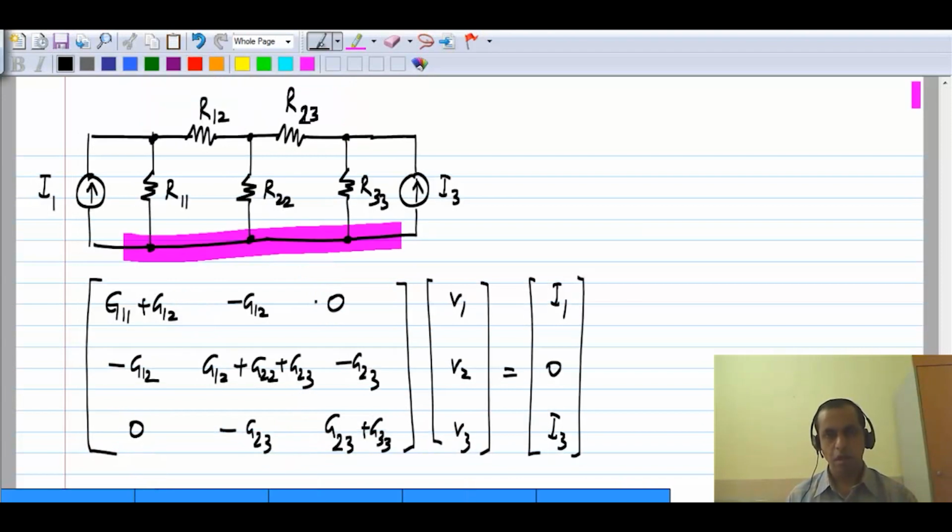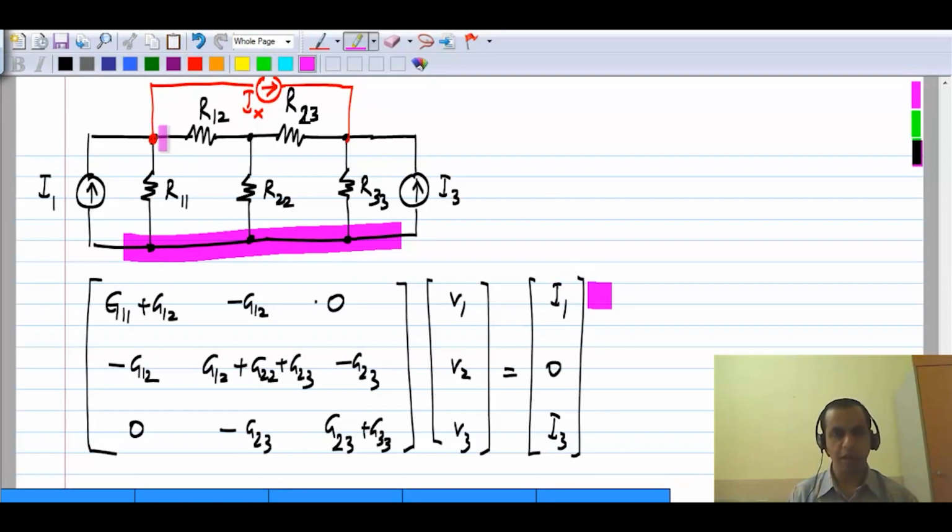Now let's look at another change. Let me add a current source Ix between nodes 1 and 3 in this direction. What changes do you expect from this? I have made changes to the independent sources connected to the circuit, so this will change the right hand side. Now, what is the first element of the source vector?